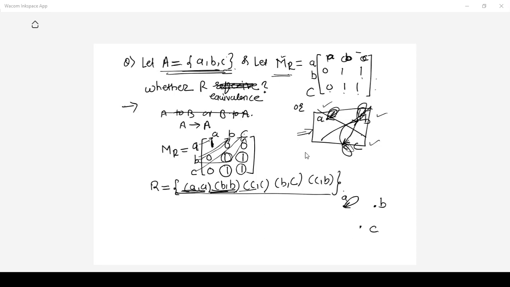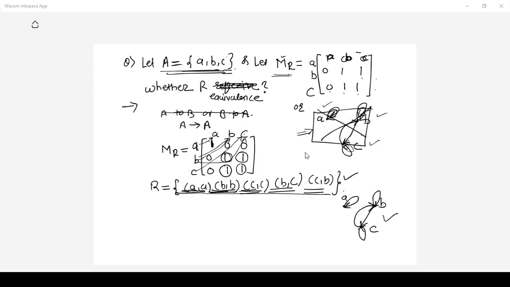Then B comma B means B is related to B. Then third, C is related to C. Next, B is related to C, and last pair is C is related to B. So you can write like C is related to B. So instead of this matrix form, if they give you this graphical form, based on this we can write this relation R.